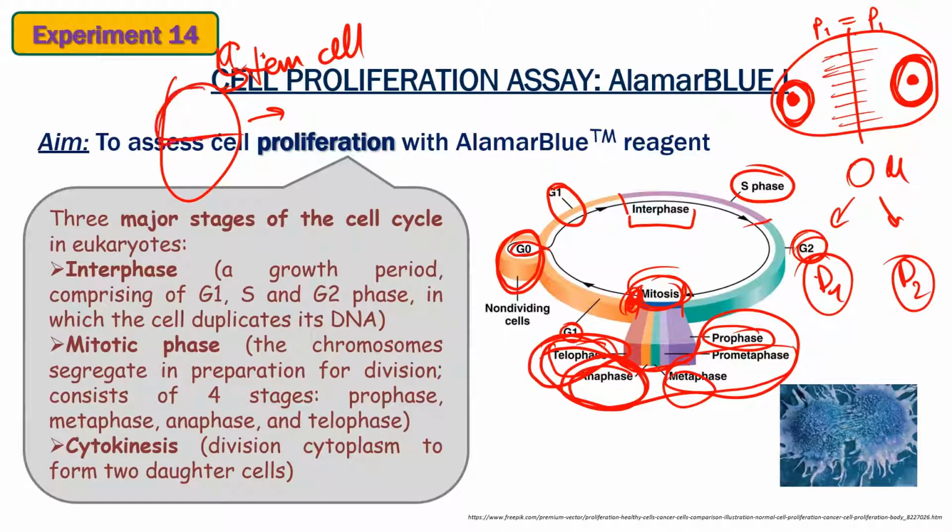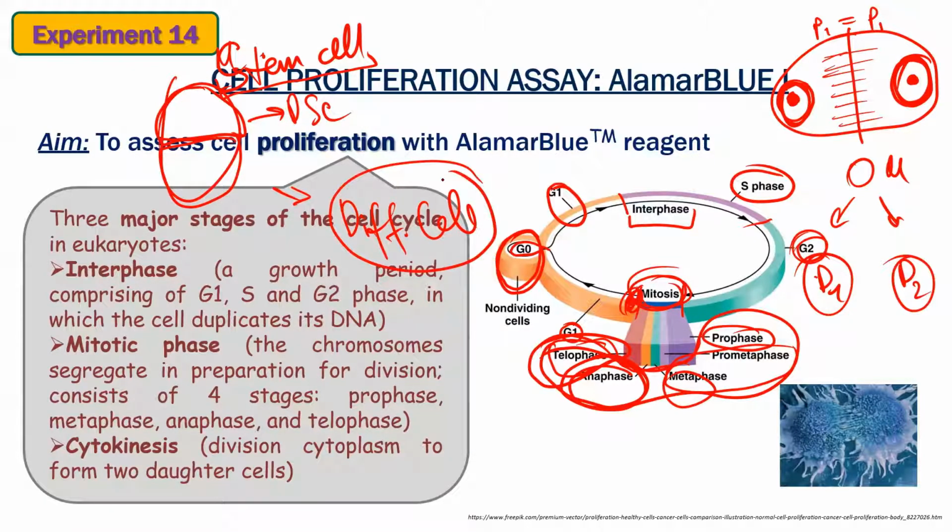One part becomes the daughter stem cell, and the other part becomes the differentiated cell. If the stem cell is the pluripotent stem cell, then the differentiated cell would become the progenitor, so a multipotent stem cell. And of course, both of the daughter cells will not be identical to each other.